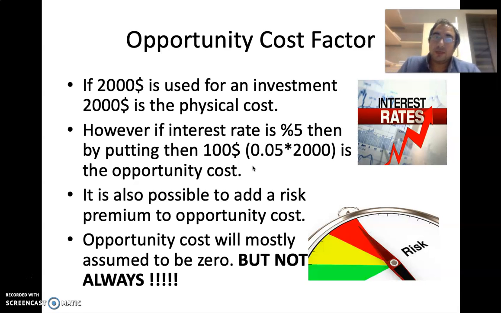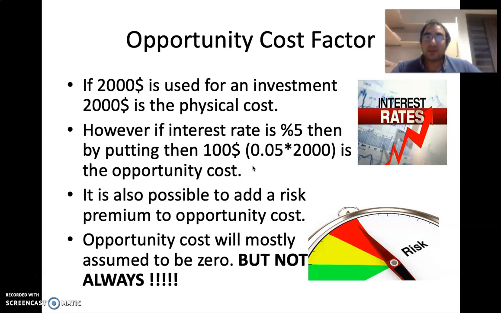Because of this risk, this possibility to lose is also a cost that creates an additional opportunity cost, which means in order to pay off my investment, it should bring me a revenue which is more than my physical cost, $2,000, but also more than my opportunity cost plus the physical cost. So it should bring me a revenue more than $2,100.